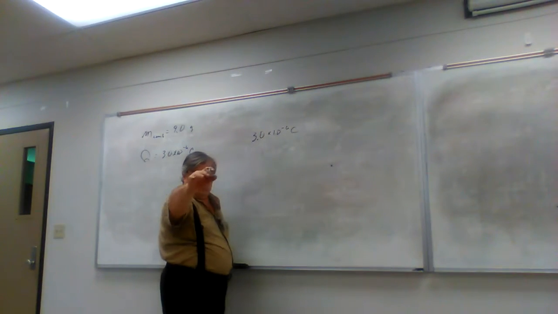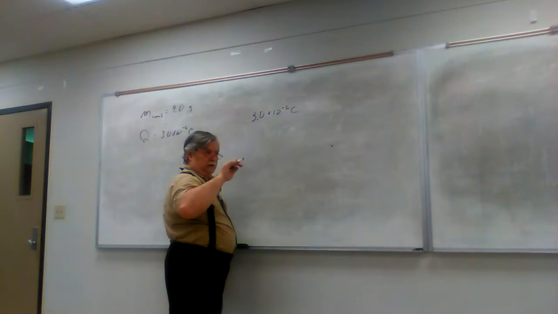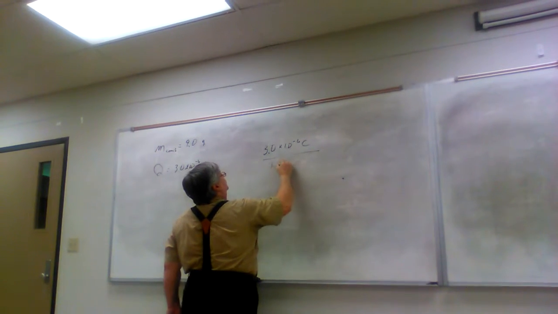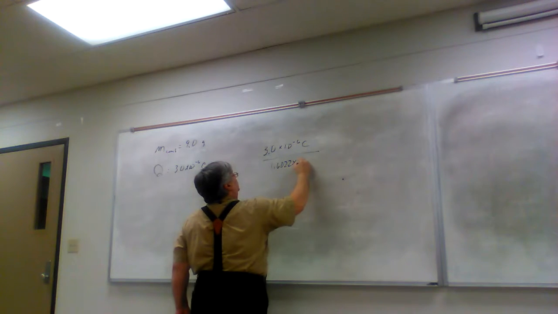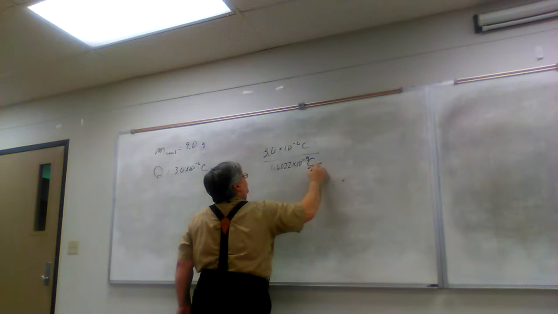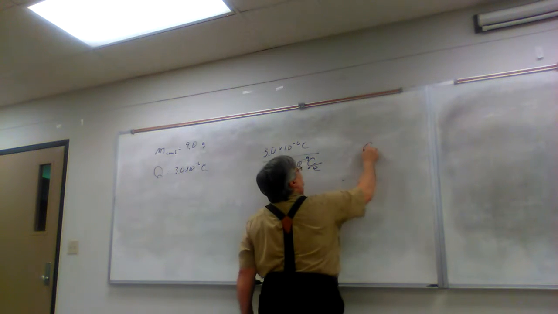Look at your units: 1.6022 times 10 to the minus 19 coulombs per electron.